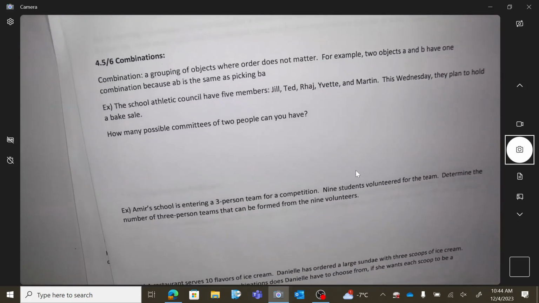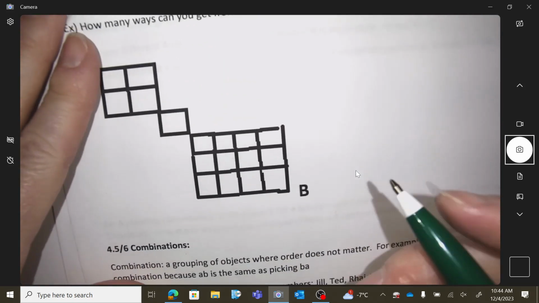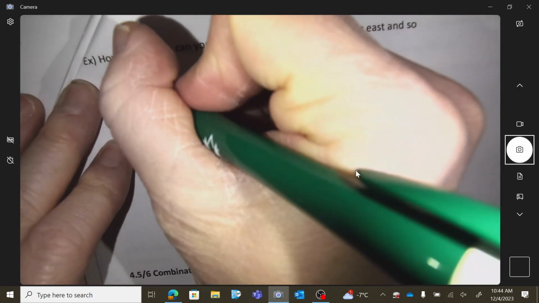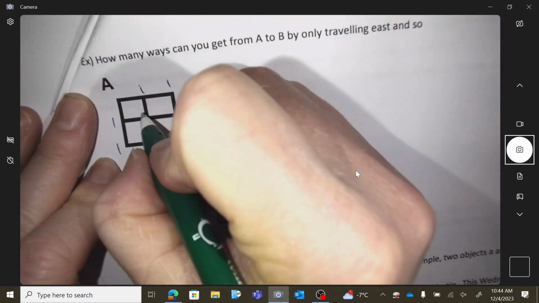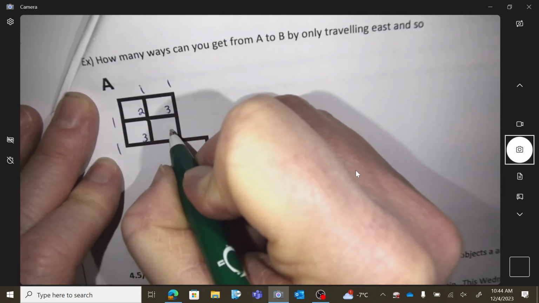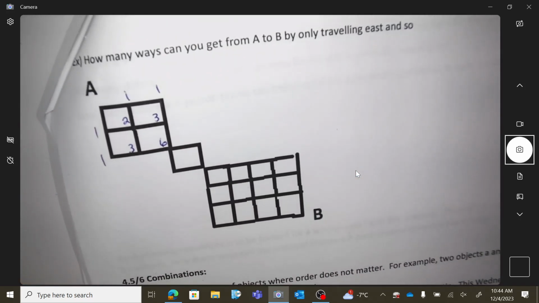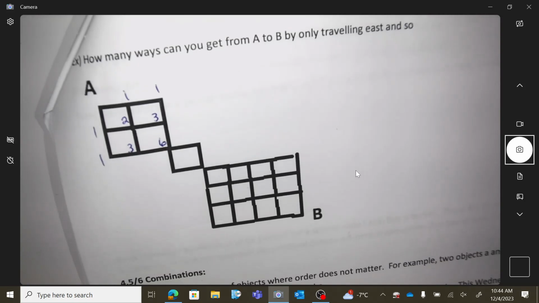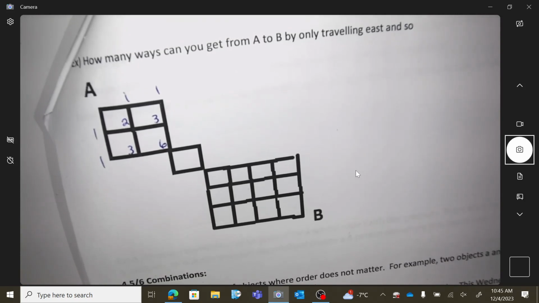Okay, so last one. So 1, 1, 1, 1, 2, 3, 3, 6. Now that you're done one block, you can either reset or carry forward.